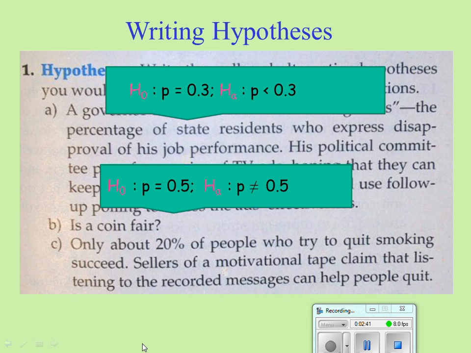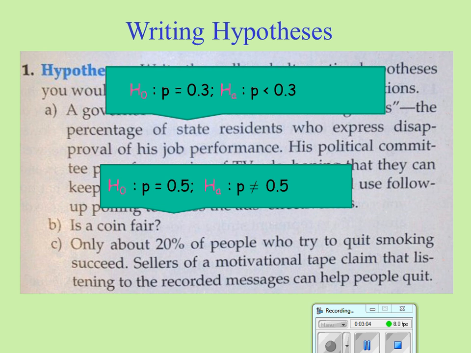And then lastly, you are given that 20% of the people who try to quit smoking succeed. And then sellers of motivational tapes claim that listening to the recorded message can help. Hopefully the context clues help you with your H sub A: can help people quit.